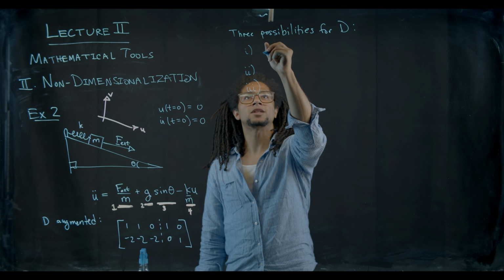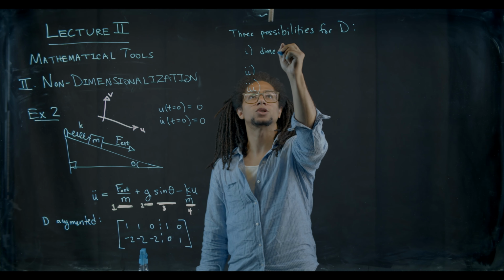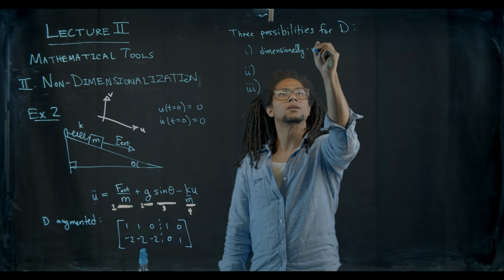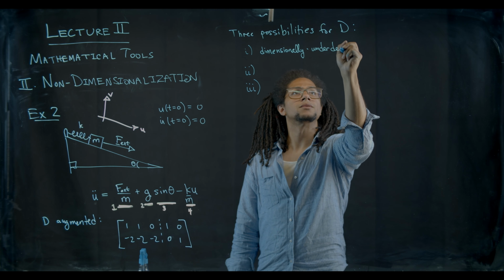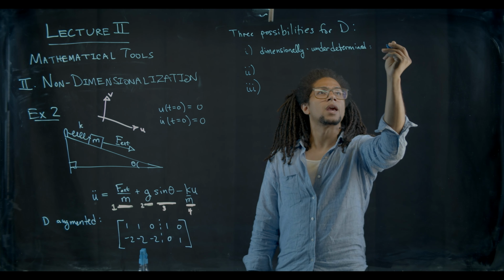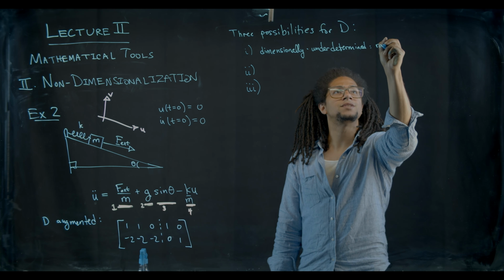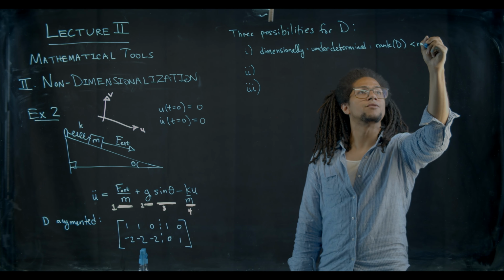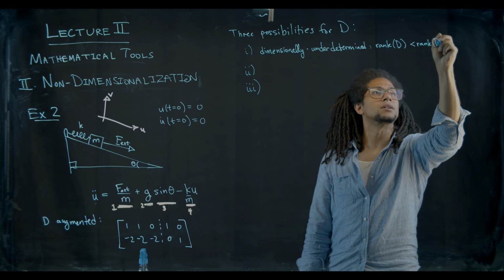D and its augmented matrix could be dimensionally underdetermined, and this means that the rank of D is less than the rank of D augmented.